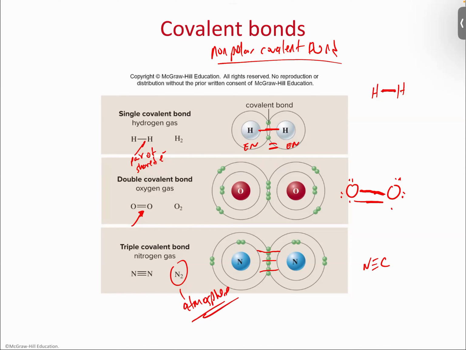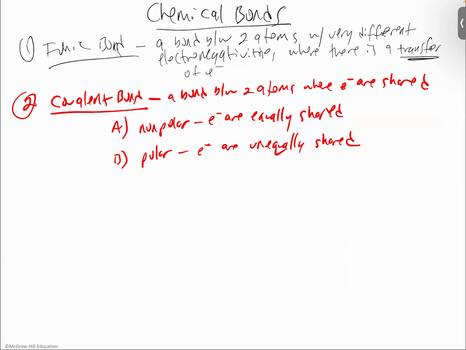So this is an example of a nonpolar bond. Notice in all cases, the electronegativities of each partner are equal. So when we go back here, a nonpolar covalent bond is typified by the electronegativity of atom A being equal to the electronegativity of atom B. You have to equally share because your electronegativities are not different.